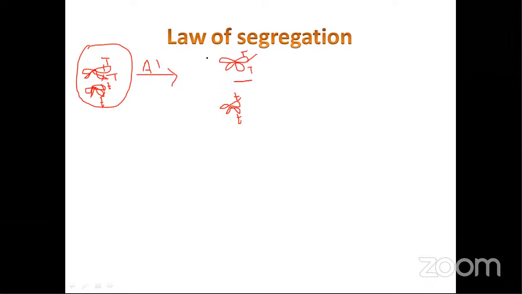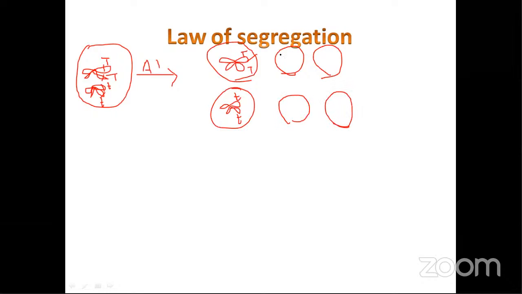So this is one cell and this is another cell. From each cell the chromatids will segregate and ultimately four gametes are formed. Two will carry a chromosome having capital T, and two will carry a chromosome having small t.